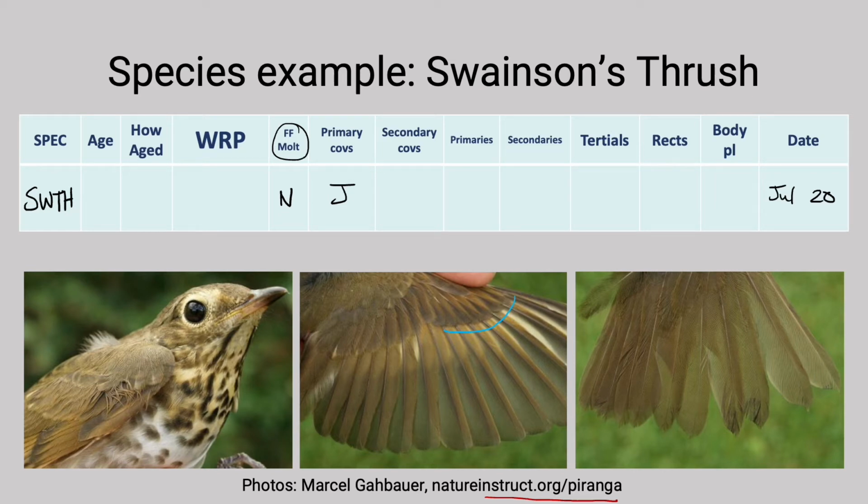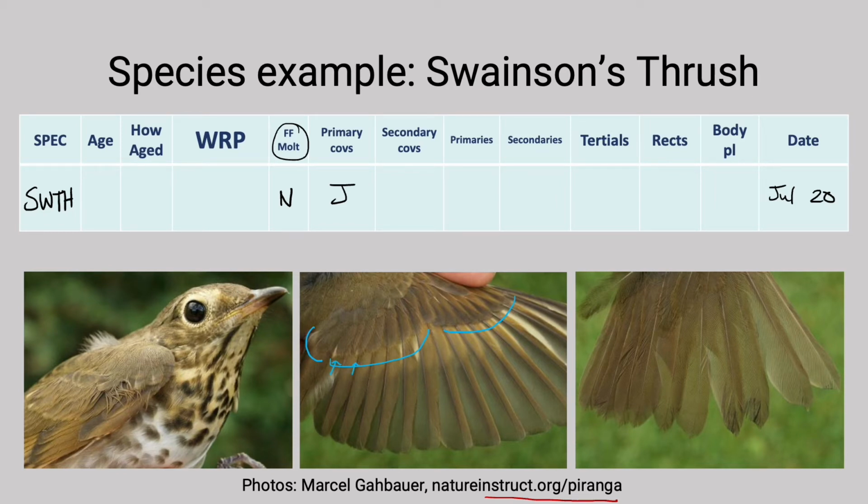These secondary coverts, so if you're familiar with Swainson's thrush, you'll notice that we have 2 different feather generations in this tract. So the retained juvenile feathers are browner, more frayed. A lot of them have these little buffy or whitish tips on the ends of them, like you can see there.